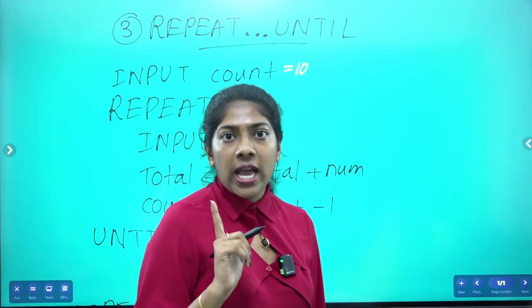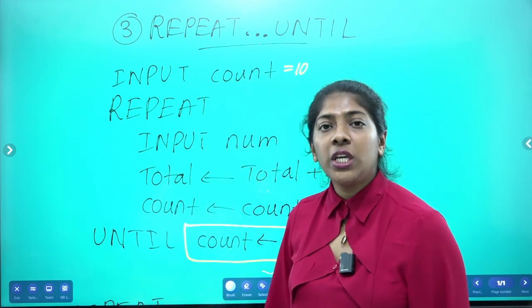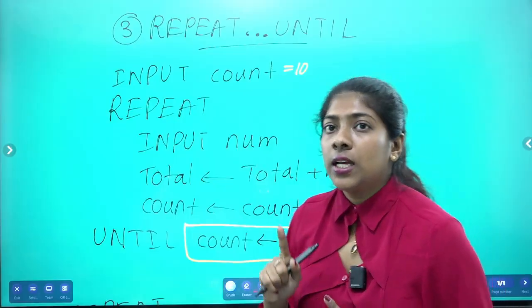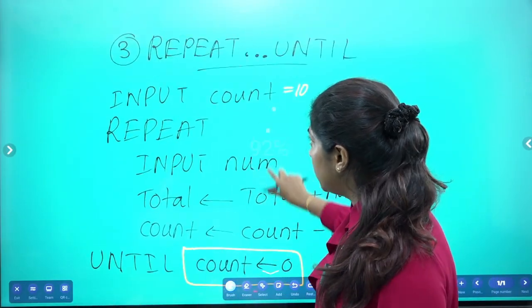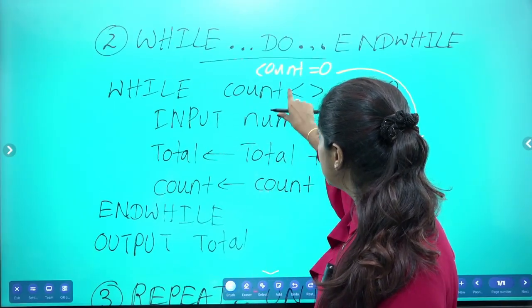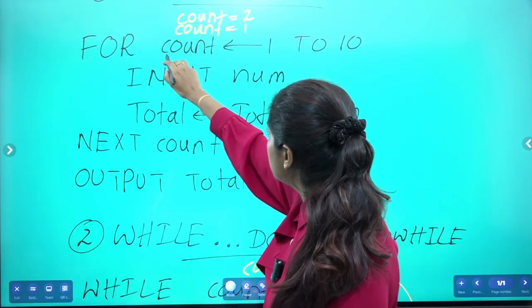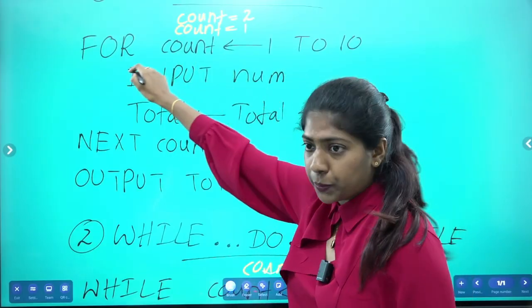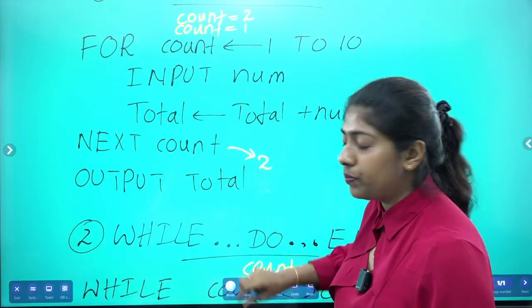The loop is run at least once in a repeat until loop. In both of the earlier loops, the condition was checked at the beginning, before entering into the loop.